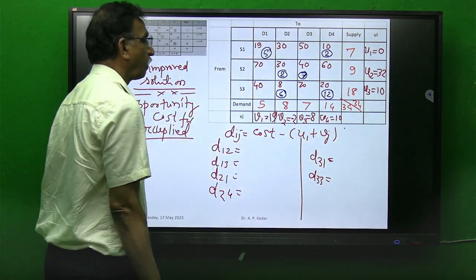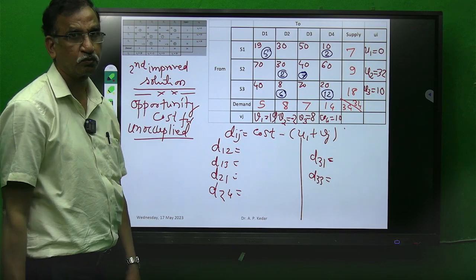So these are the cells for which you have to find the opportunity cost.